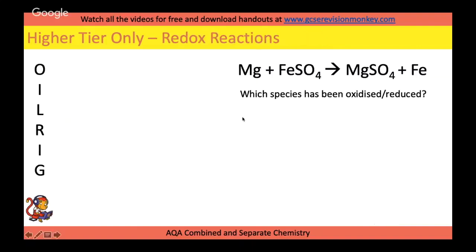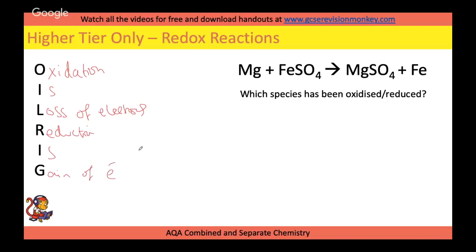Moving on, redox reactions. This is all to do with OIL RIG and loss and gain of electrons. So oxidation is loss of electrons, and reduction is gain of electrons. I'll just do an E for electrons. There are 2 different definitions in chemistry.